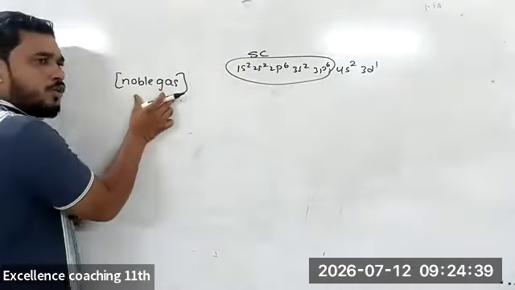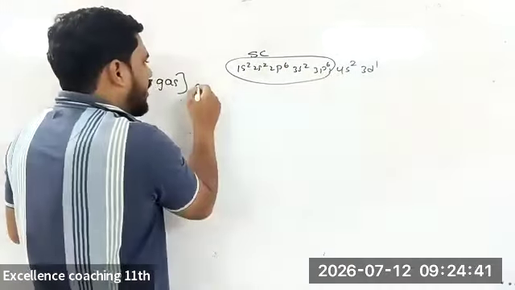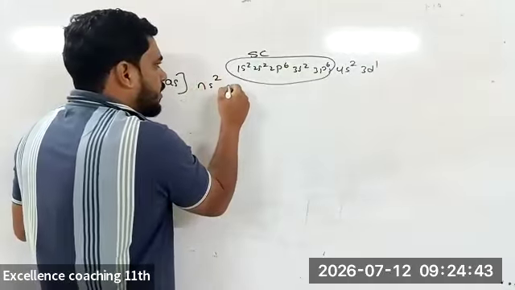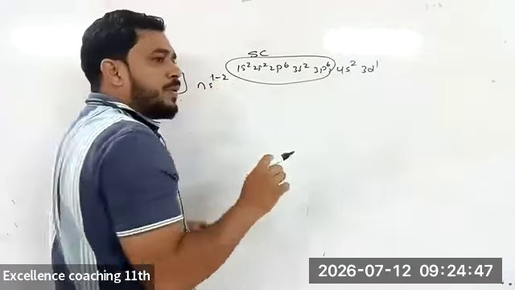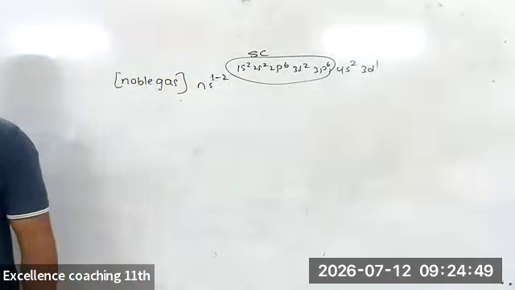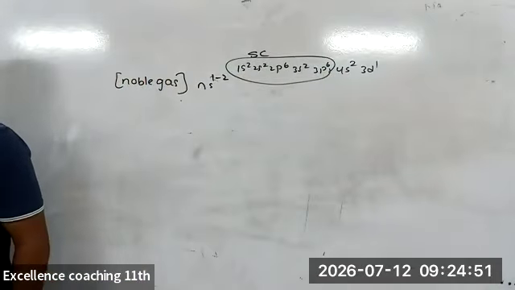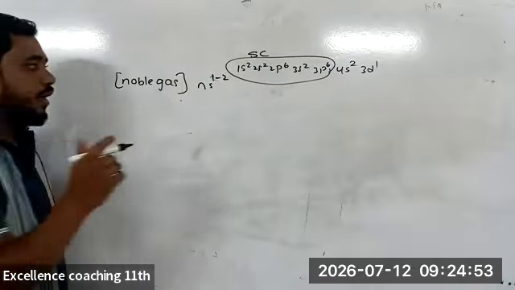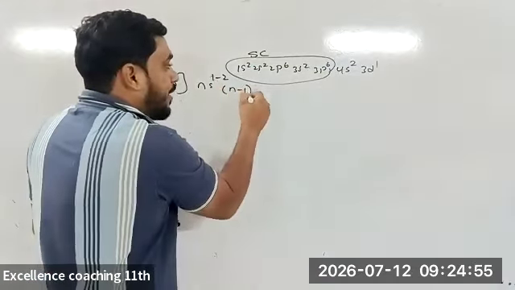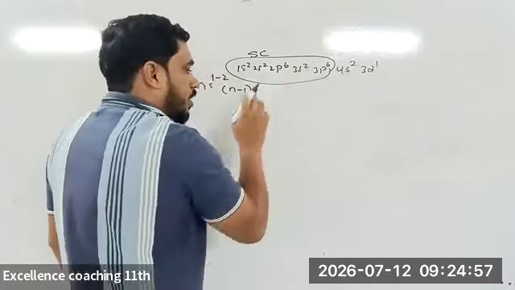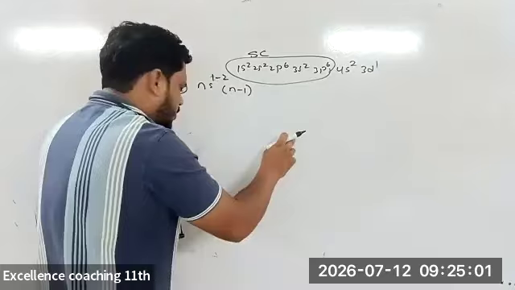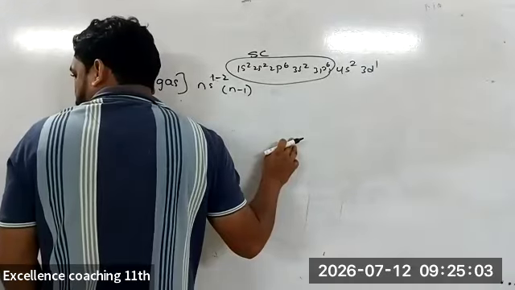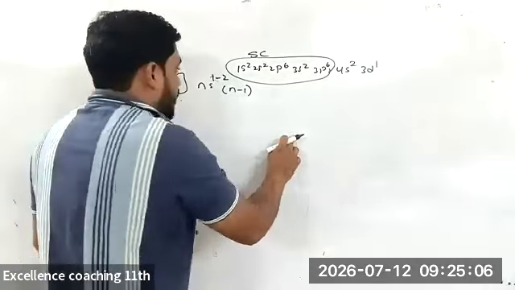So generally it will be noble gas, then ns. It is ns 1 to 2, correct? Because for chromium and copper, 4s is 1, so it will be 1 to 2. And then (n minus 1)d: if it is 4s then 3d, if it is 5s then 4d.